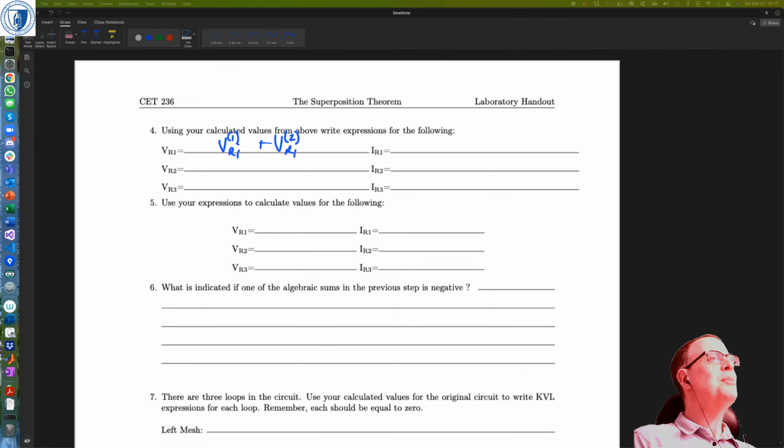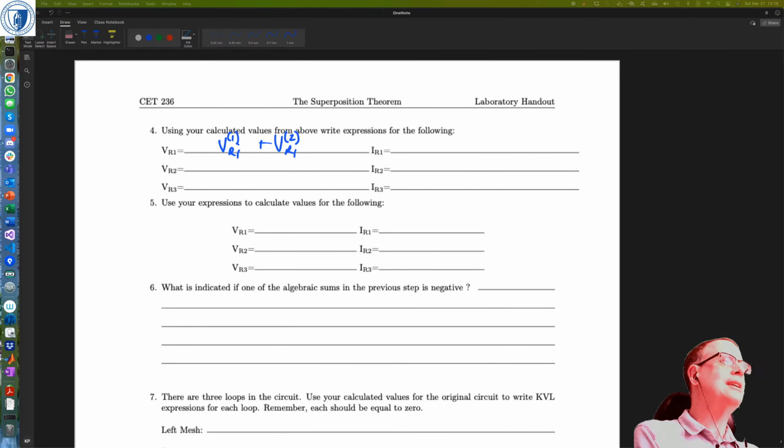Well, it's not so much incorrect, right? It just means that your guess at the polarity of either the voltage or the current was wrong, right? Whenever we put polarities on a circuit, either the direction of current flow or the plus and minuses to indicate the plus side of the resistor or the minus side of a resistor, we could get it wrong.